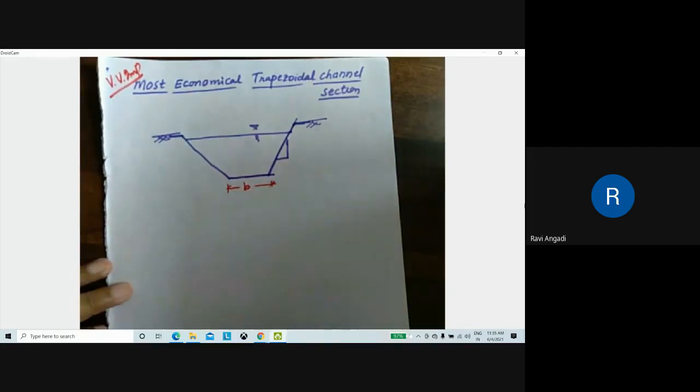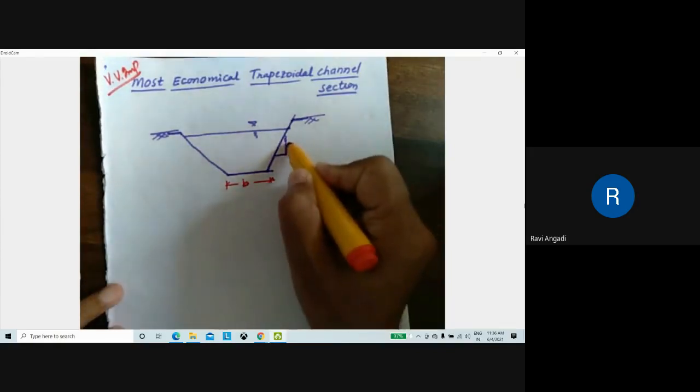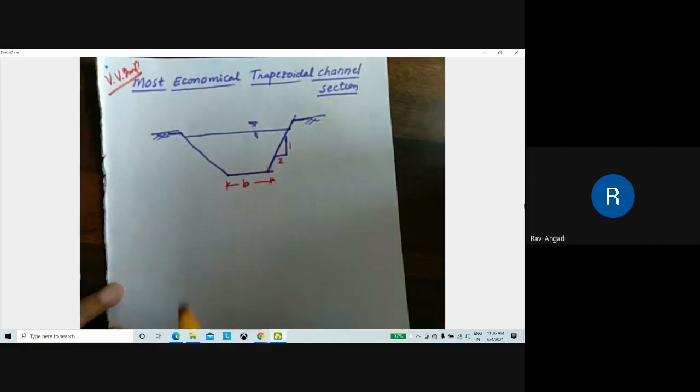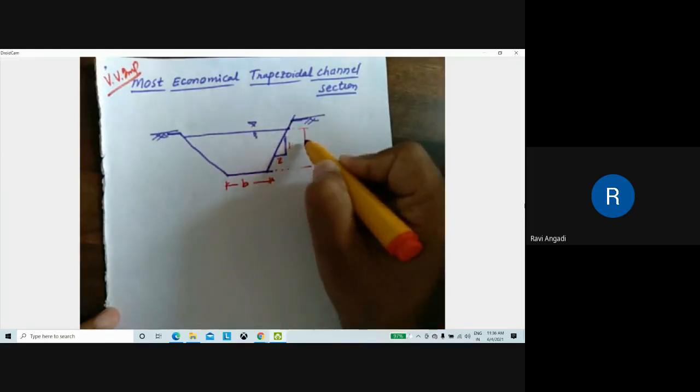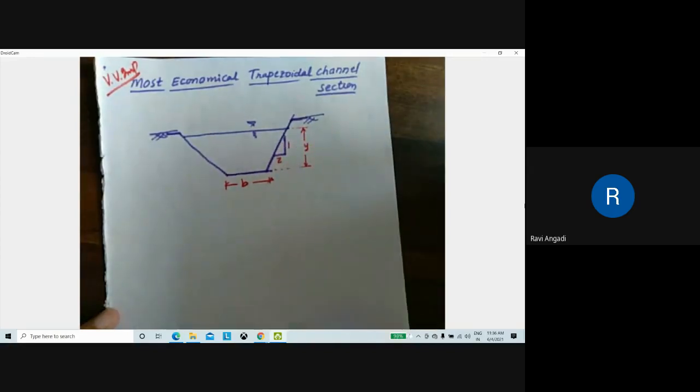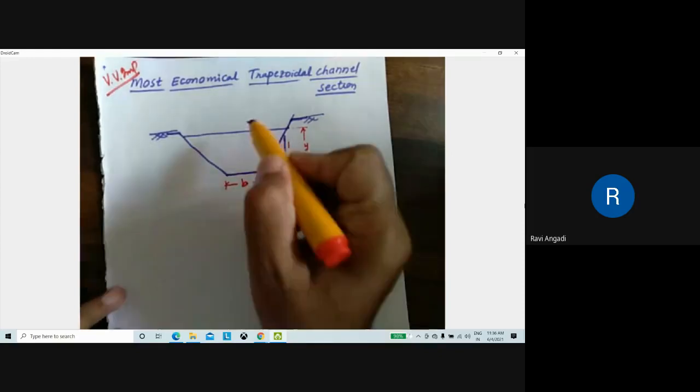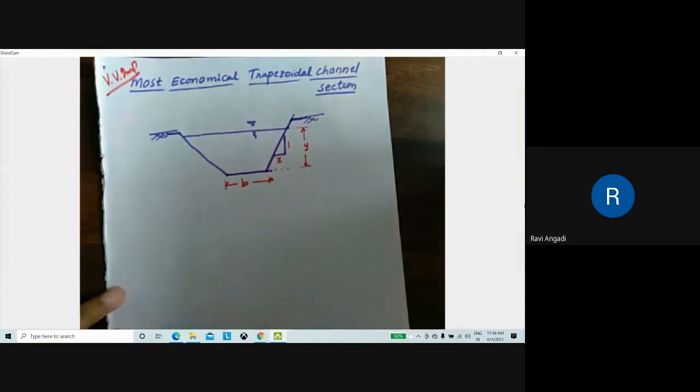Also take the side slope Z to 1, Z horizontal, 1 vertical, and the depth of the channel section Y, or you can take D also, as some textbooks do. Here I am taking it as Y. Then this is the level of water.